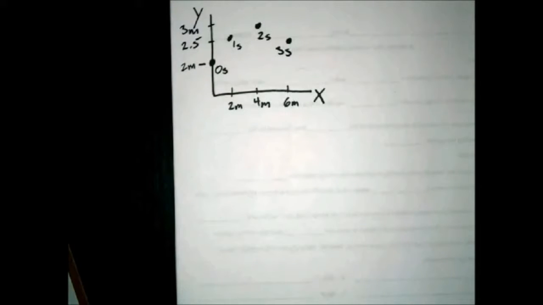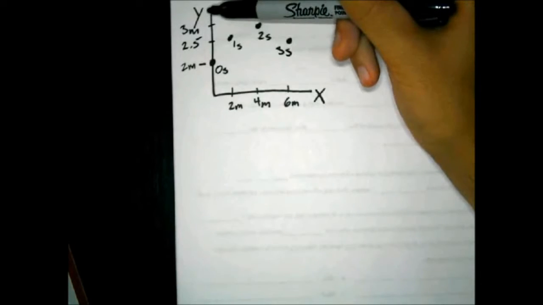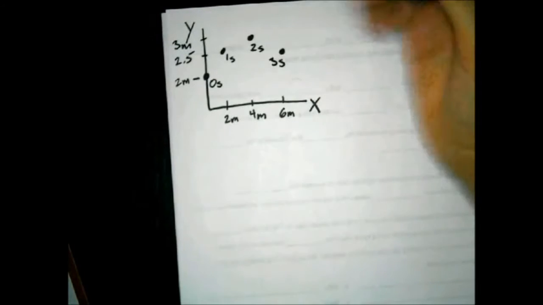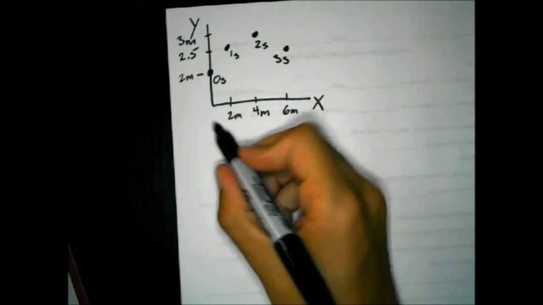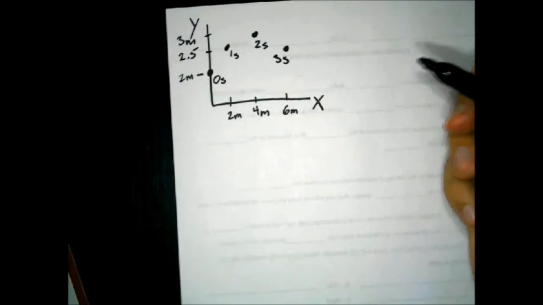Hey guys, bringing you back to our particle model of our basketball. Notice that I've added a couple things. I've added some definitive coordinates now. So now we can figure out the displacement of our ball. We can also figure out the time interval.